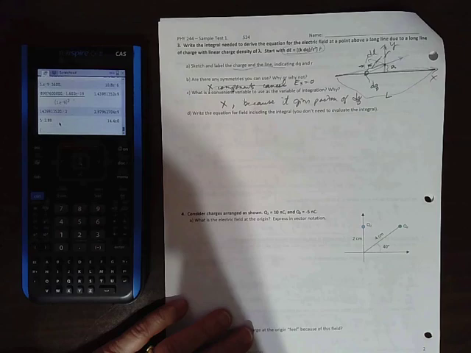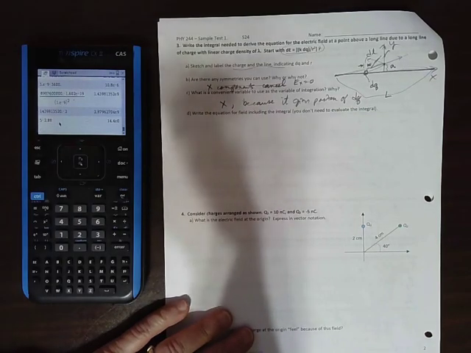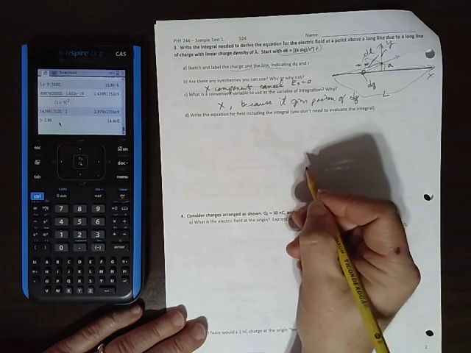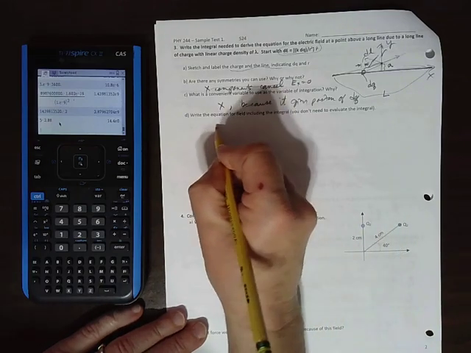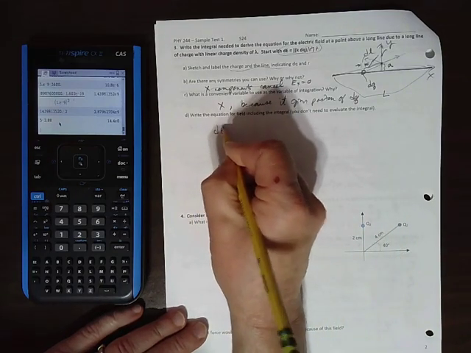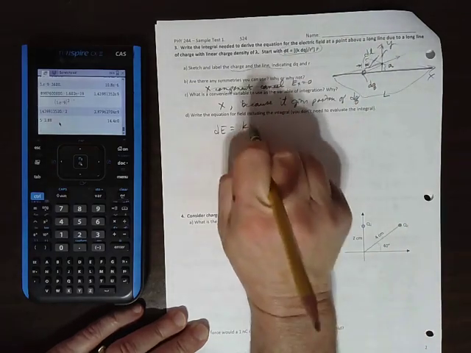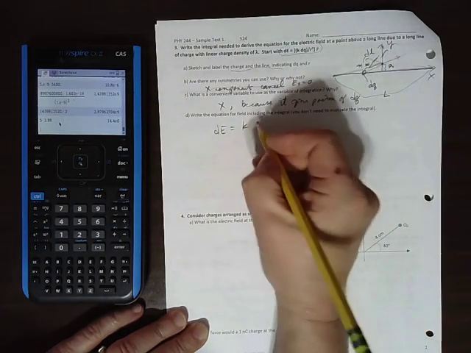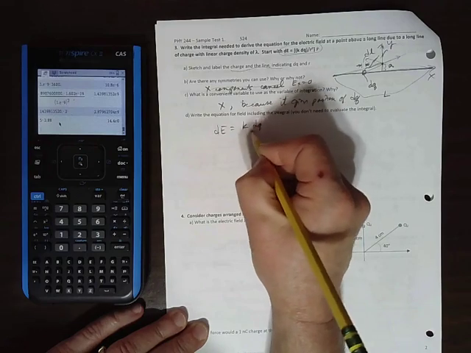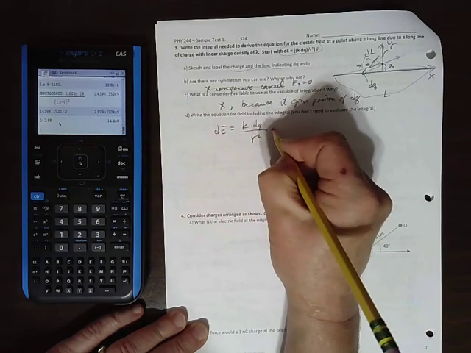Write an equation for the field, including the integral. You don't have to evaluate the integral. Okay, so we have dE, like it says there, is k dq over r squared times r hat.